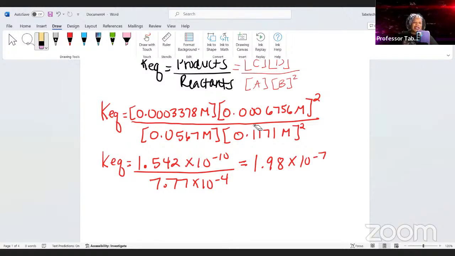Whenever you have a constant, the constant doesn't have a unit, okay? And how do you know that the units go away? Look, M squared here and M squared there goes away. The M's here go away. So that's how you end up with no unit for your equilibrium constant. And they call it a constant for a reason.